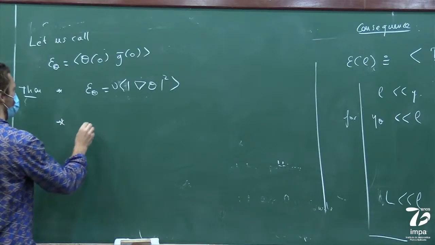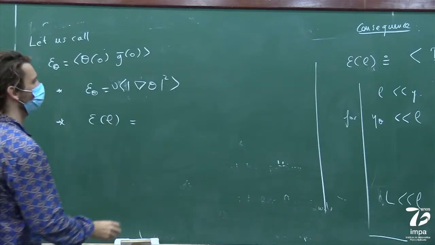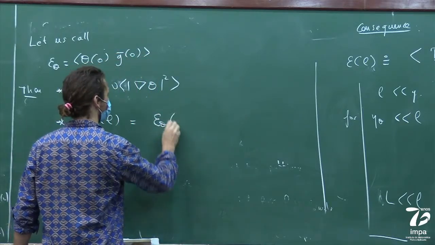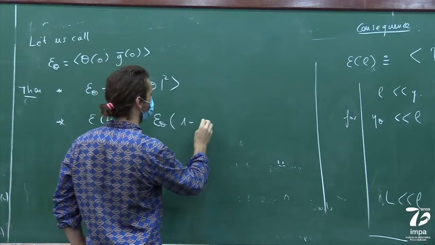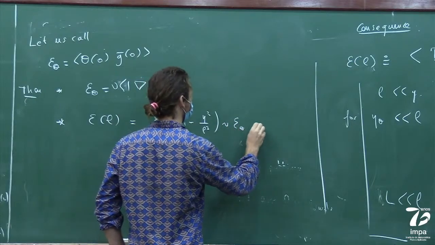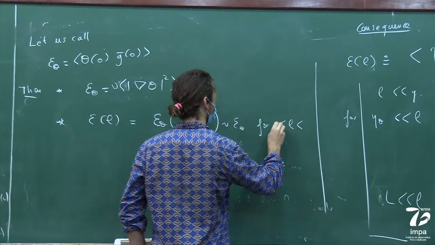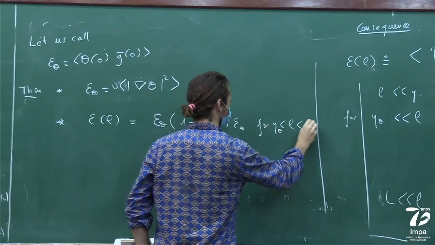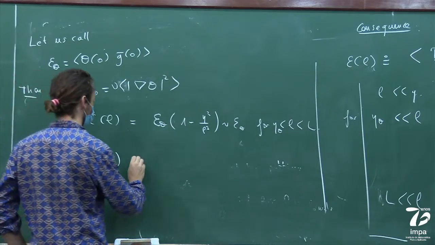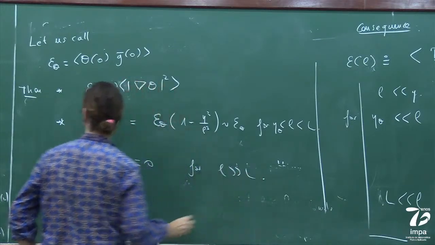That epsilon L is essentially epsilon theta times 1 minus eta cube over L cube, which is nothing but epsilon theta for L greater than eta theta, and epsilon L equals 0 for L smaller than eta theta.